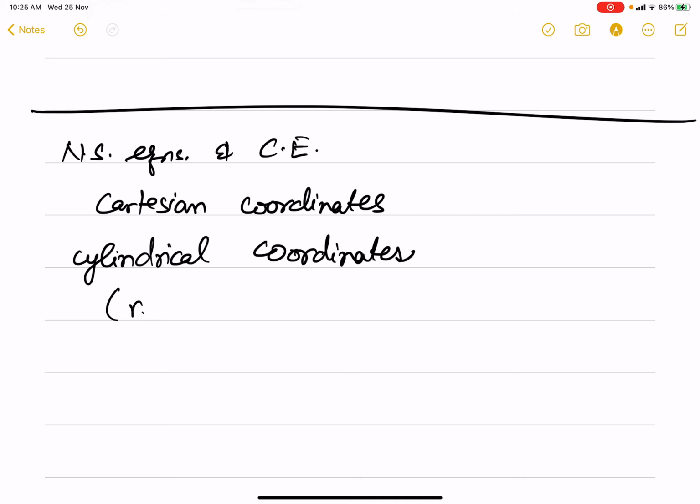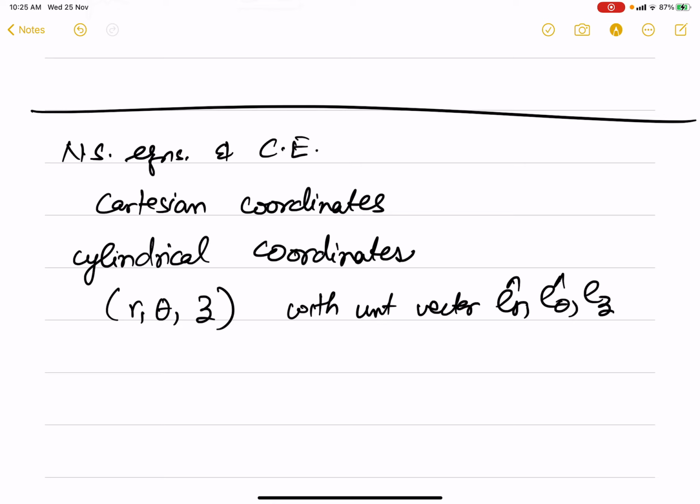These are the r, theta, z coordinates with unit vectors er, e theta and ez.